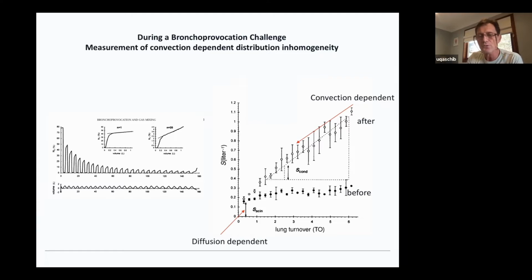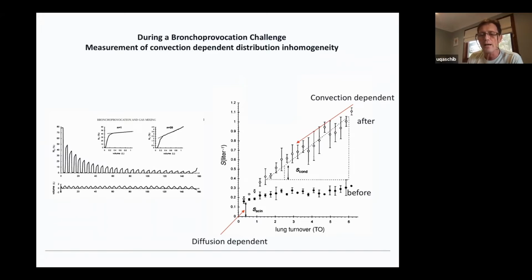Yes, they gradually increase a little bit, but not much change. It's more or less a flat pattern. Then we constrict the patient with bronchoprovocation, and all of a sudden you can see that the slopes are starting to increase from breath to breath to breath. These are the open circles.